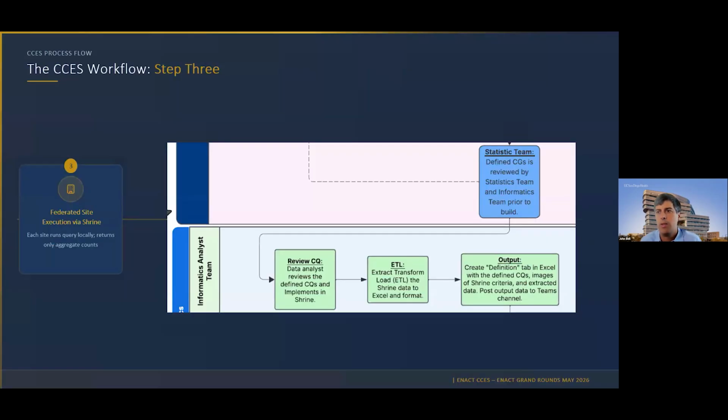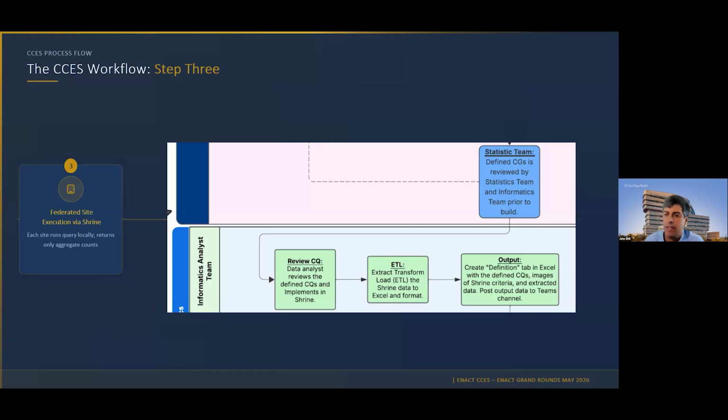So then next we take the queries, put them into Shrine, and get our actual counts from the federated network that is ENACT. So the data analyst will put the clinical queries into Shrine. They will extract, transform, and load that, and then take all the counts, put them in Excel files, and format them in a standardized way to give to our statistical team.